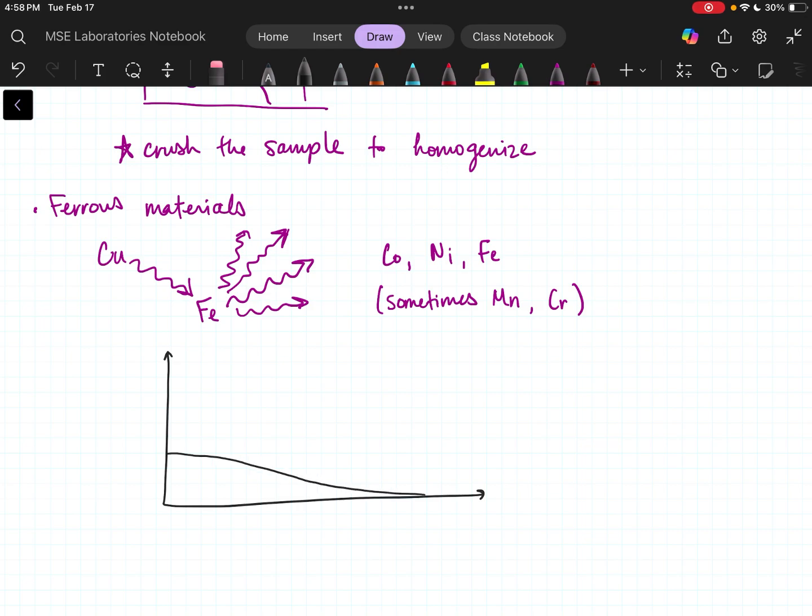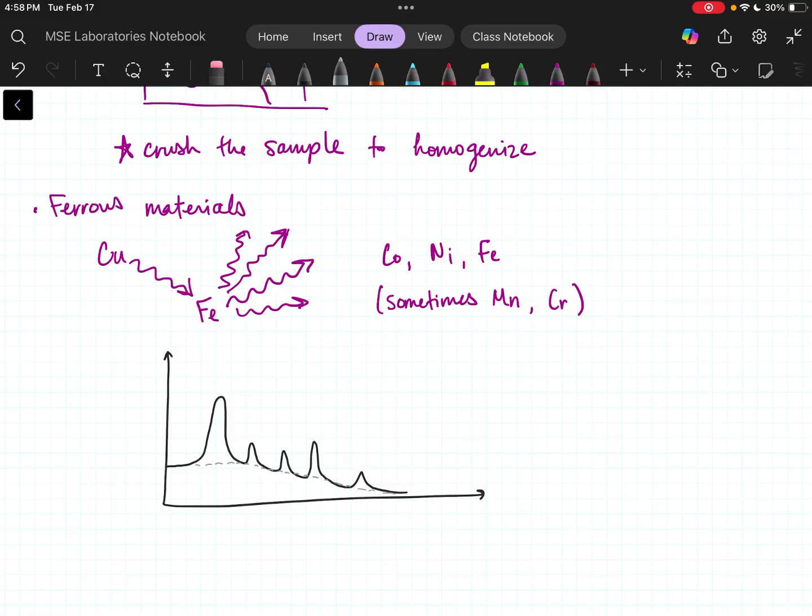Okay. What the data looks like here is at lower angles, our background's going to be really high, and our background's going to slope down. So my data on that is going to be like this. My peaks will be normal. I've drawn sort of wide peaks because I was going fast here.